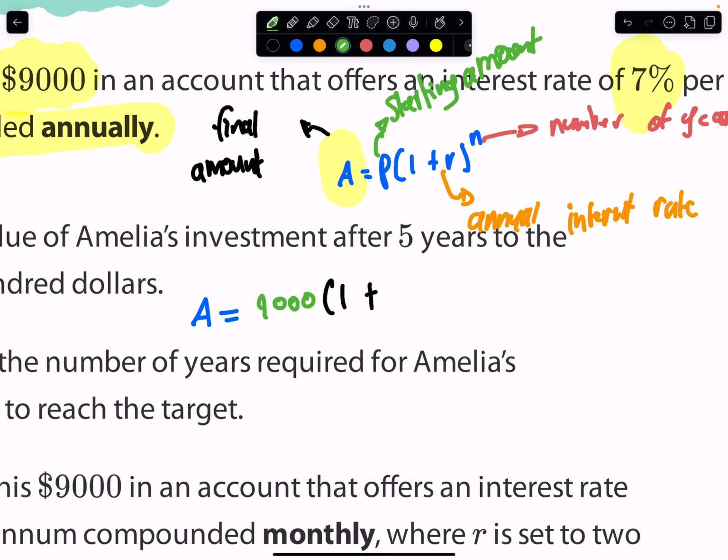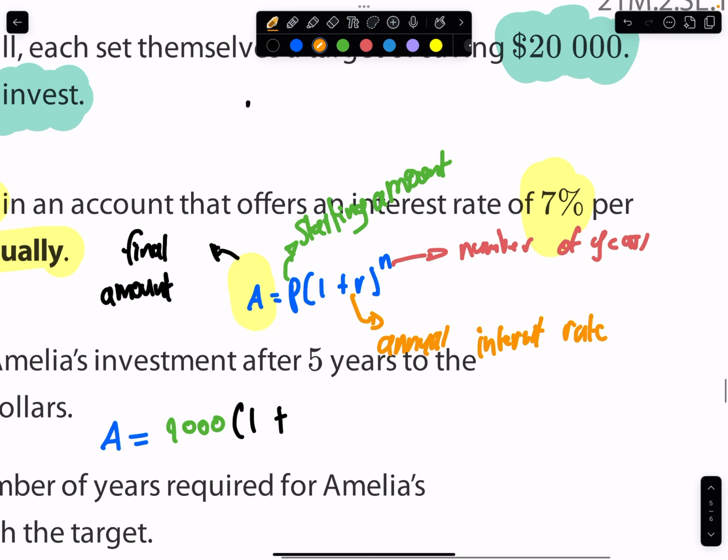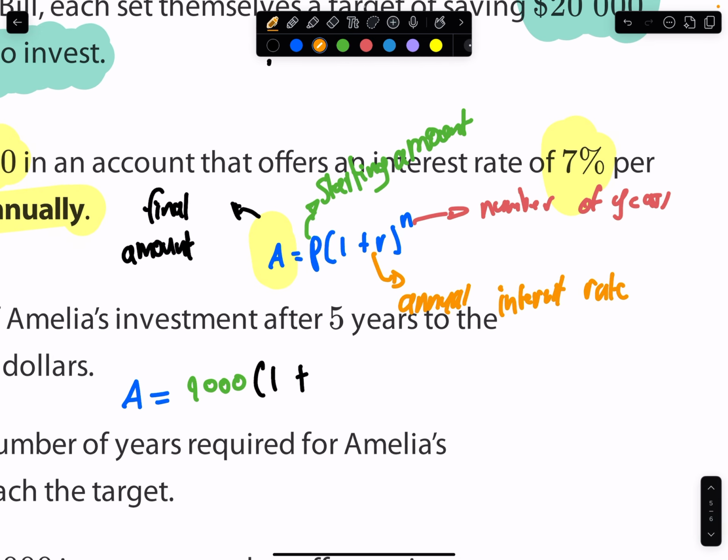The annual interest rate, which is 7%, is 0.07, and the number of years, which is 5. That should give you 12,620.